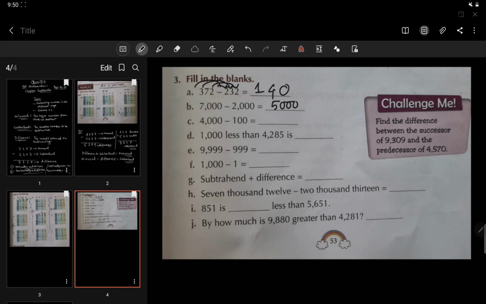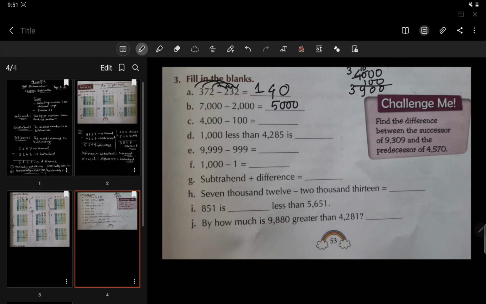Similarly, because they are not in the same group, it is 4000 and it is 100. 0 minus 0 is 0, and the subtrahend is bigger than the minuend, so you have to borrow 1000 here. So it will be 10 minus 1, which is 9, and because you already borrowed from the thousands place, it will be 3.